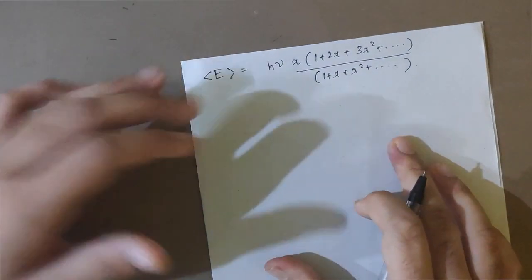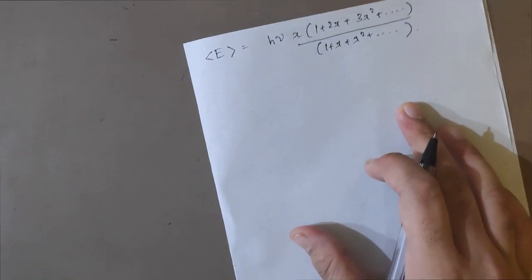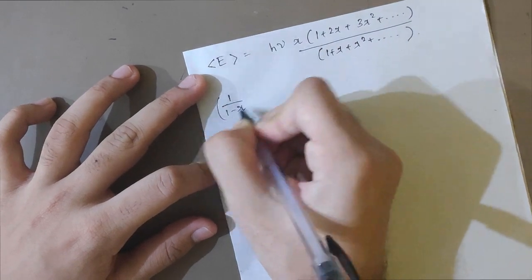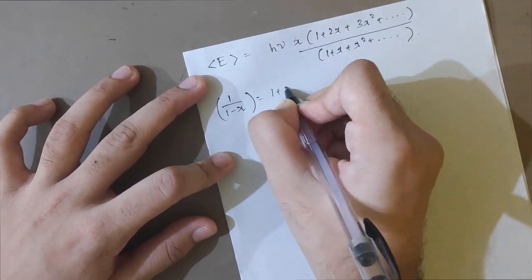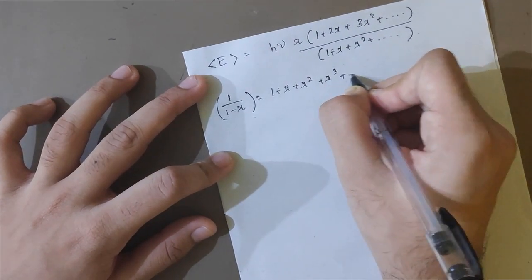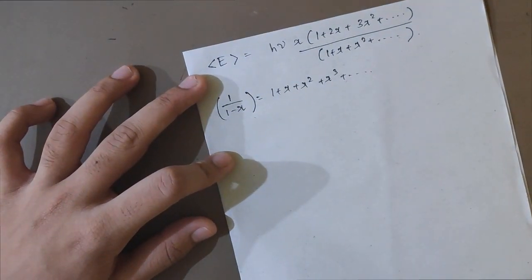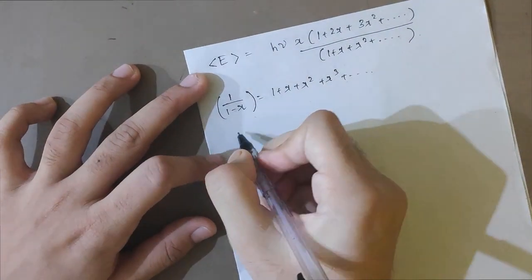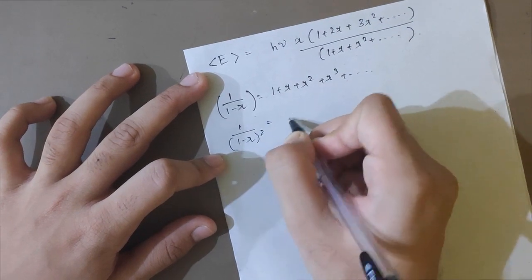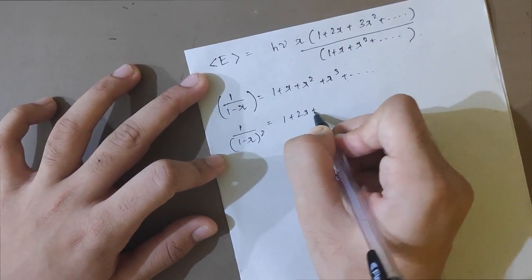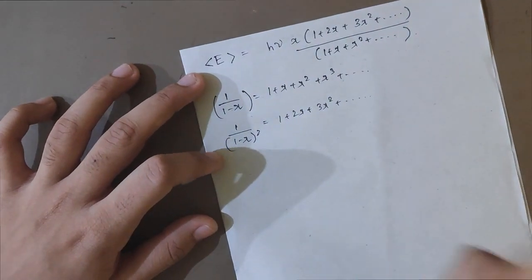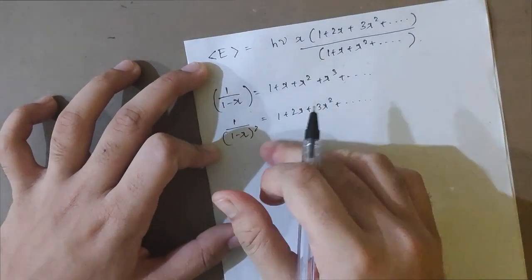Now we use two useful results from arithmetic. The denominator summation is equal to 1 by 1 minus x, and 1 by (1 minus x) squared will be equal to 1 plus 2x plus 3x squared, and so on. These are results from arithmetic and can also be derived.